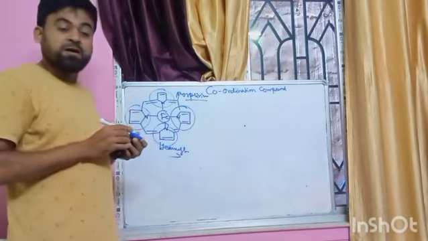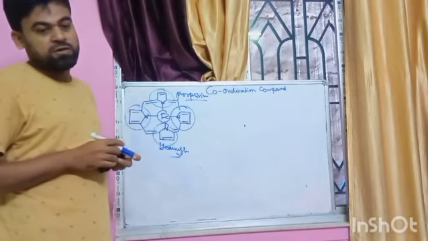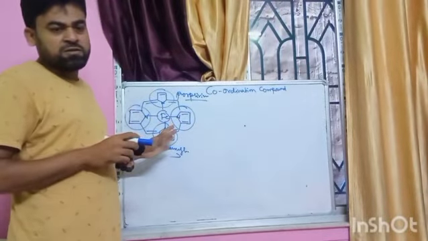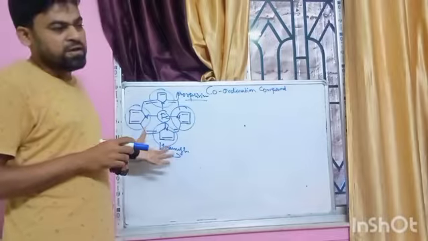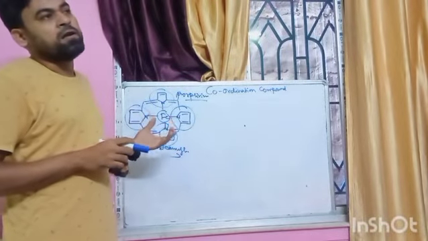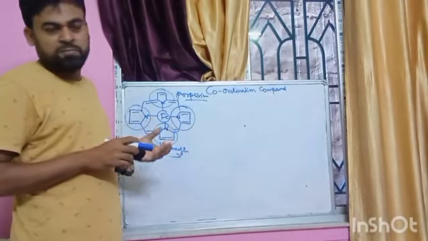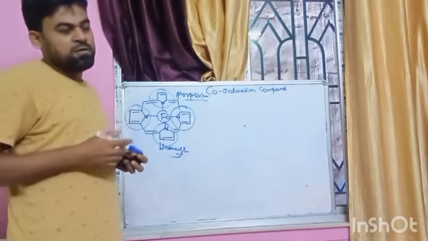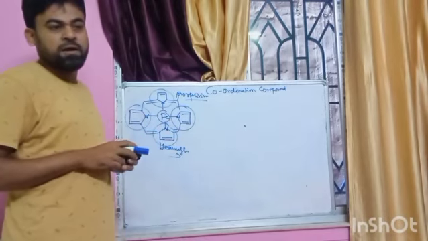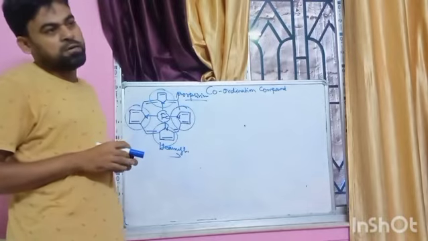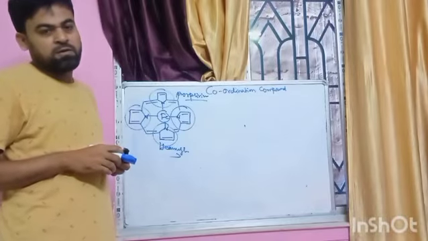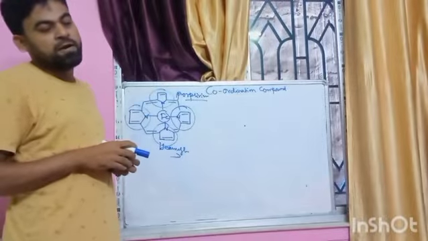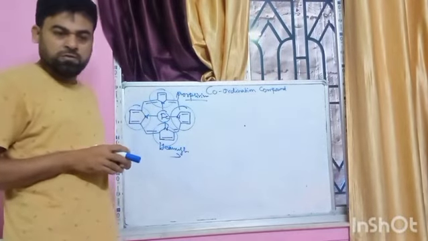There are so many uses of coordination complexes in our daily life: hemoglobin, chlorophyll, and vitamin B12 are simply coordination compounds, and they are also used to remove the hardness of water and in the extraction of different metals from their ores.